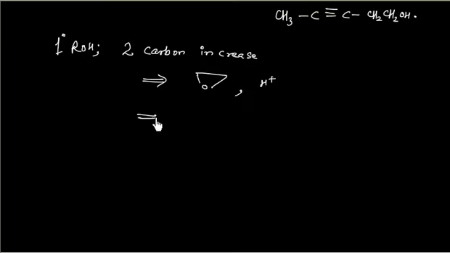Now the attack on this ethylene oxide can be by a Grignard reagent or it can be by an acetylide ion like CH3C≡C minus. So the attack on ethylene oxide can happen by a Grignard reagent or by an acetylide ion.